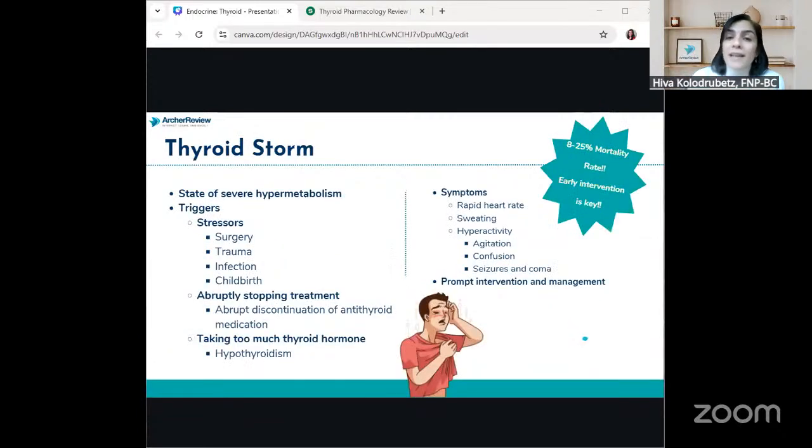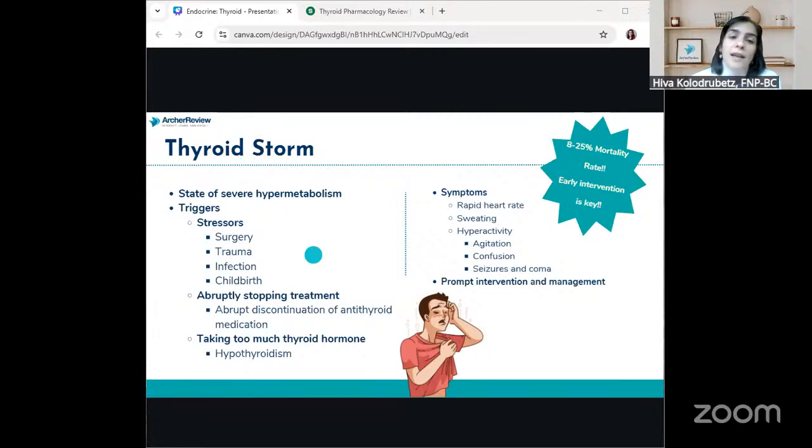Thyroid storm is another one that you may or may not see. This is a pretty rare presentation, but it is an acute presentation and about 8 to 25% mortality rate if we don't intervene early. So I want to make sure you're aware of this. This is when the effects of the excess thyroid hormone on the body have been magnified. So different triggers, stress can be a trigger.